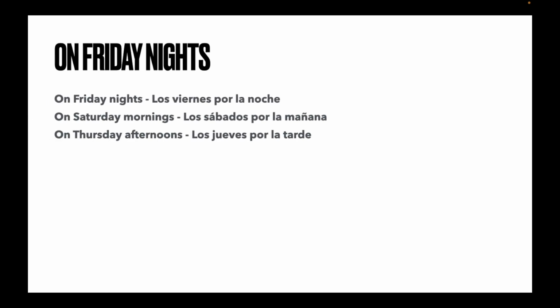However, in English, instead of saying on Fridays at night, we usually say on Friday nights, or we could say on Saturday mornings, etc. In Spanish, we have to do it in the long way. So on Friday nights will be los viernes por la noche, on Fridays at night. On Saturday mornings will be los sábados por la mañana. And on Thursday afternoons, los jueves por la tarde.